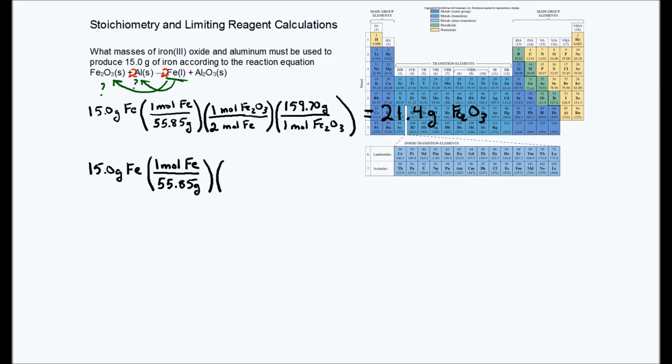And now when I do my mole-to-mole conversion, I'm converting from moles of iron into moles of aluminum. From the balanced reaction, the number in front of Fe is 2. The number in front of Al is 2. And then I can convert 1 mole of aluminum, according to the molar mass on the periodic table, has 26.98 grams.